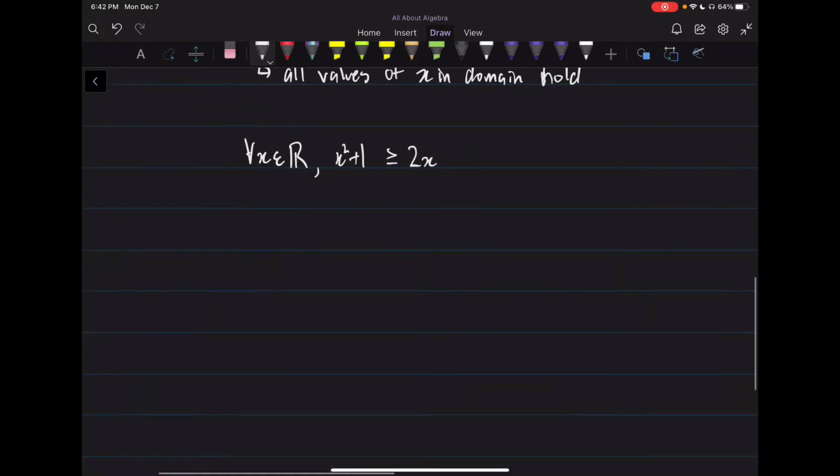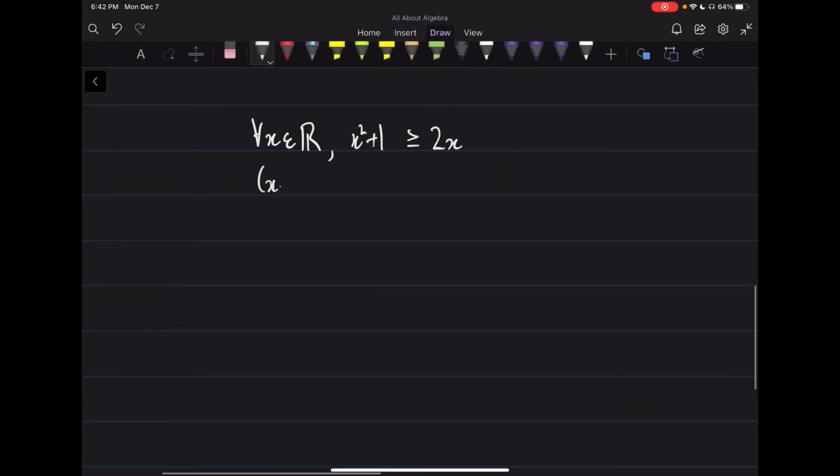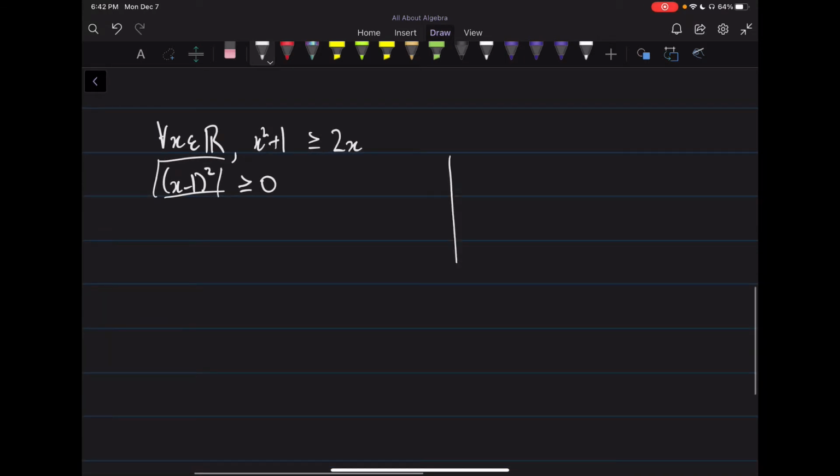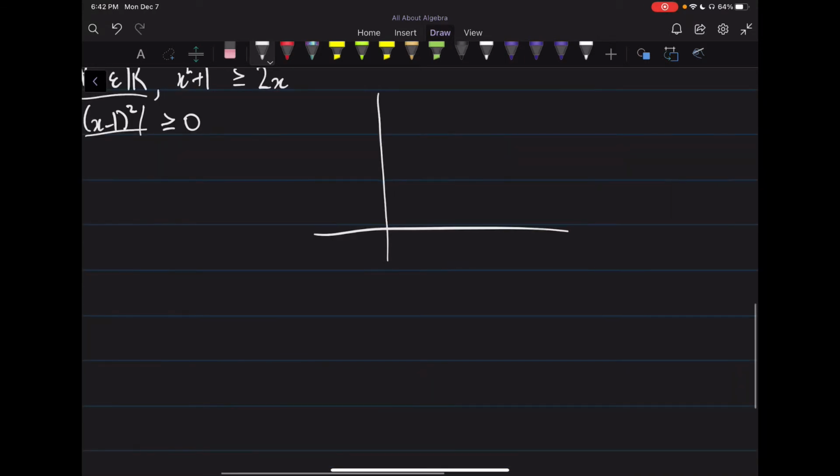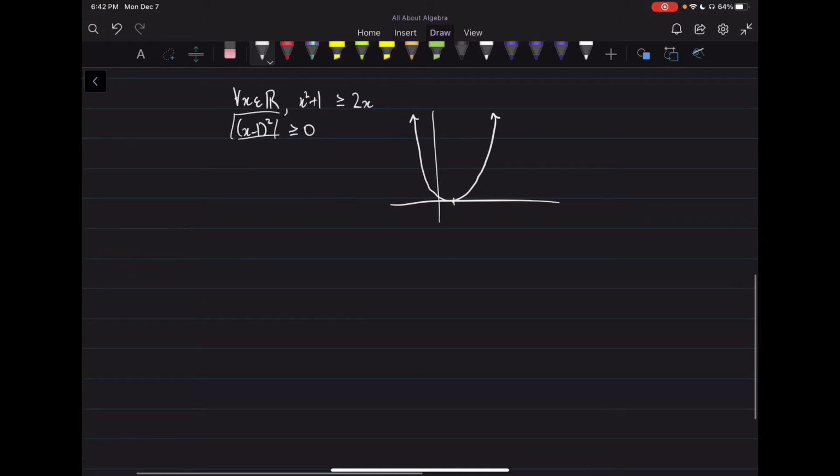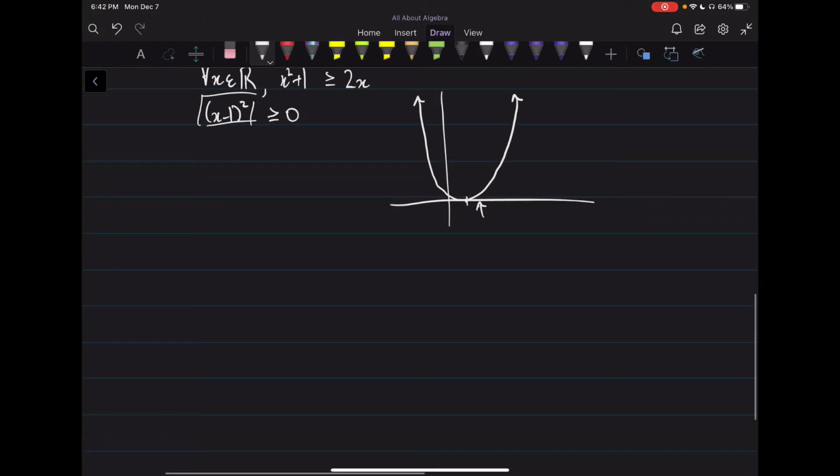Well, let's consider x minus 1 squared. We know that this is always greater than or equal to 0, right? Because if we were to graph this, it would look something like this, and this is definitely greater than or equal to 0.